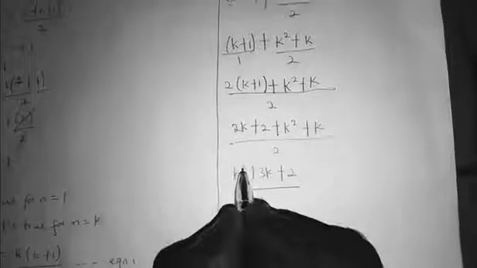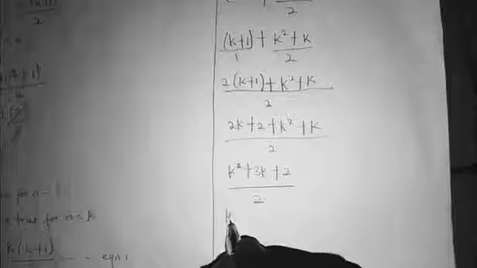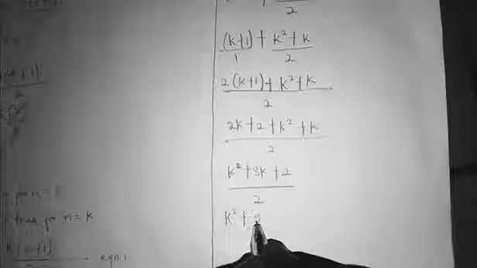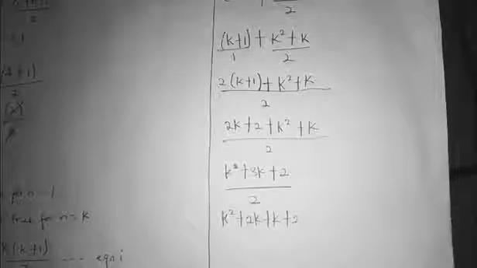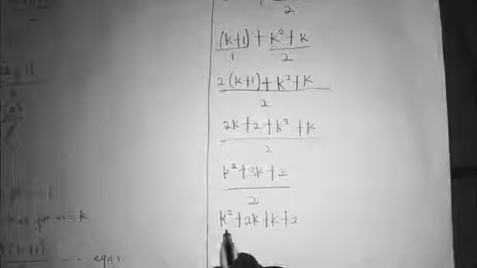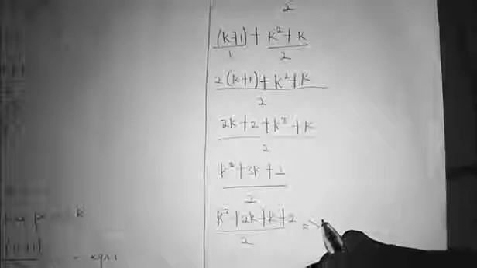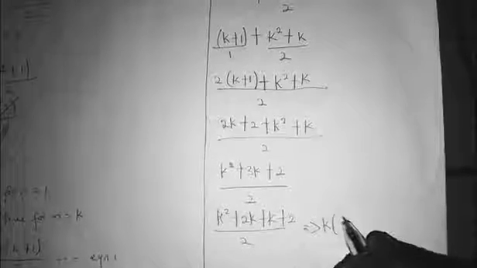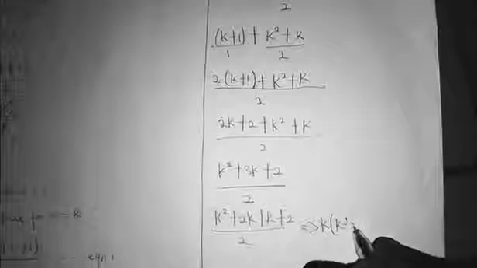Let me expand more on this. So, if I try to open this with quadratic equation, that will be k squared plus 2k plus k plus 2, all over 2. Now, what's common between this one? That's k open bracket k plus 2.